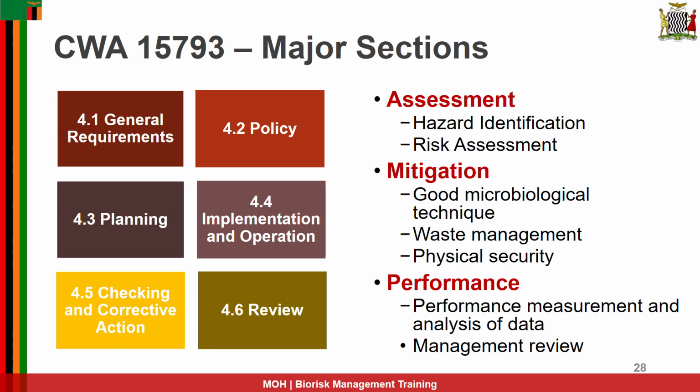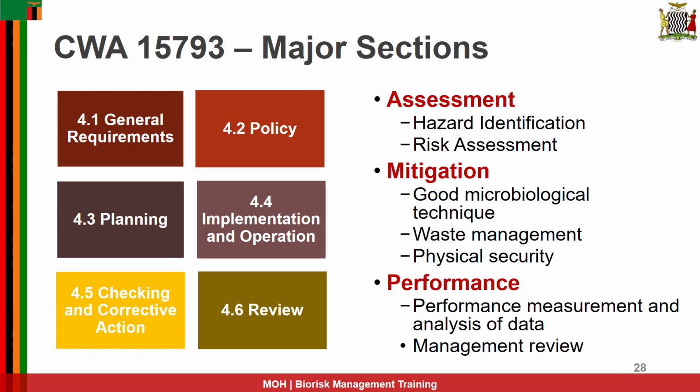So let's look at it a little bit more in detail. Let's look at the sections that the CWA 15793 has. The CWA 15793 has a total of 4 main sections. Most of the meat is in section 4.